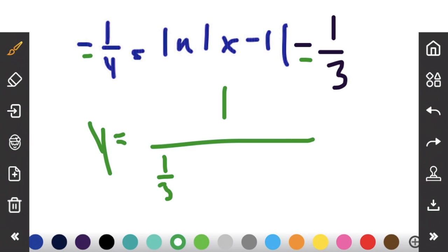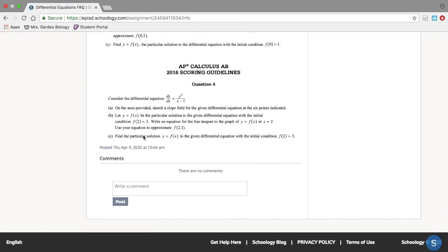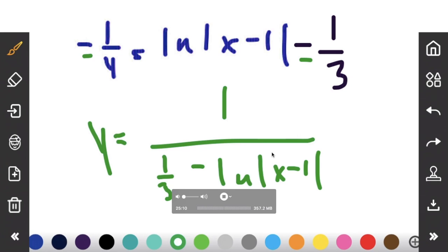So y equals 1 over 1/3 minus ln of x minus 1. And that is your y. You found the particular solution, y equals f of x, to the given differential equation with the initial condition. You solved for y. And that's basically it.